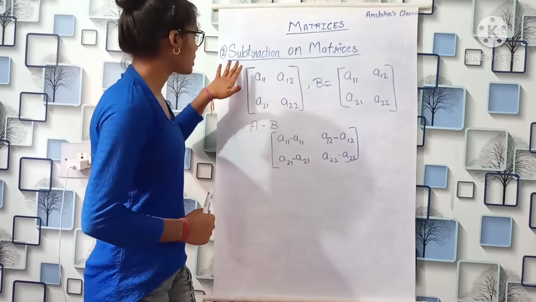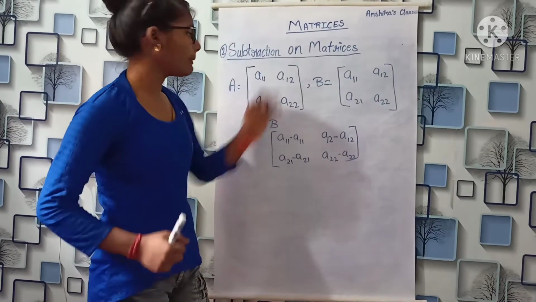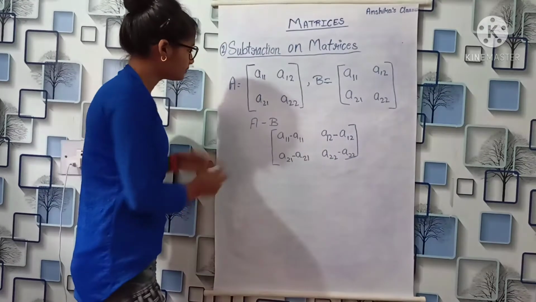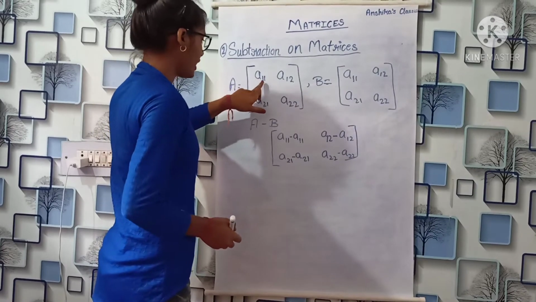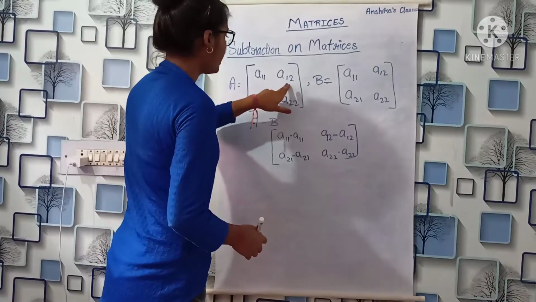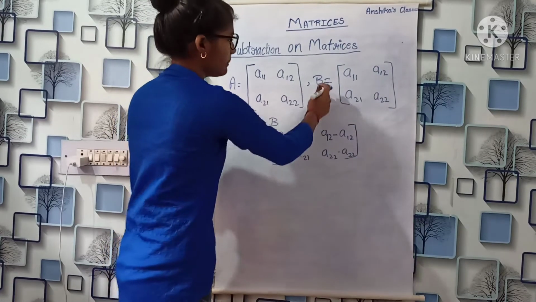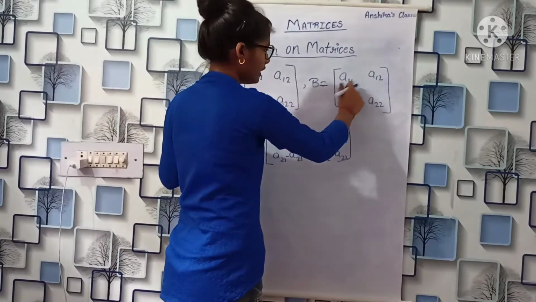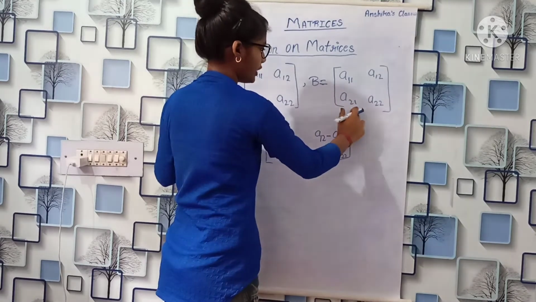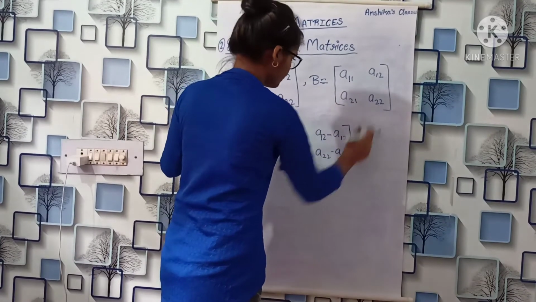So now let's talk about subtraction of matrices. Then A is equal to [A11, A12; A21, A22]. Then B is equal to [A11, A12; A21, A22].